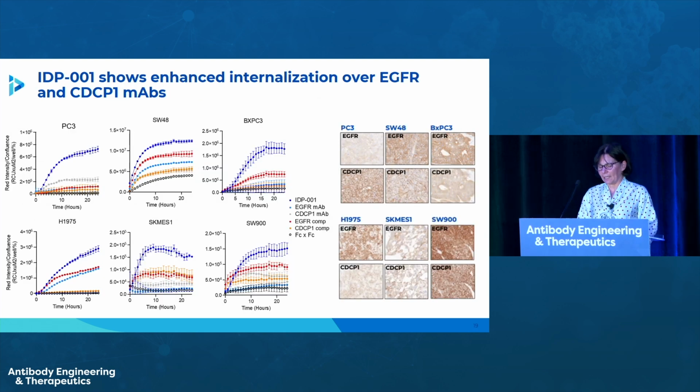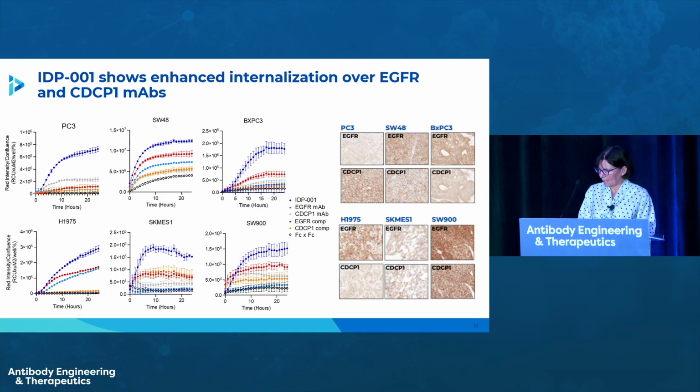So we've characterized IDP001 quite extensively, and through the selection process, we've always used a variety of different cell lines that correspond to a range of EGFR and CDCP1 expression, as you can see in the examples on the right-hand side there.